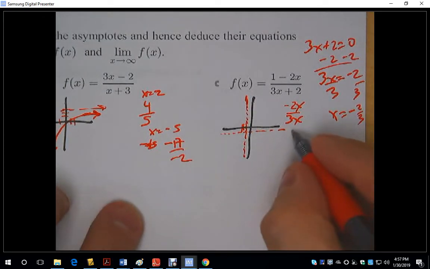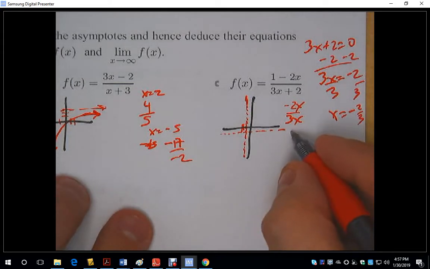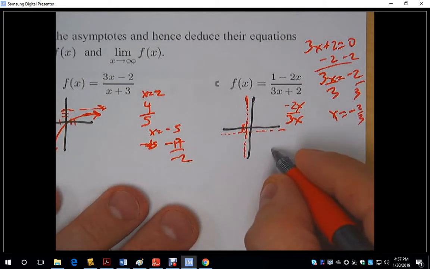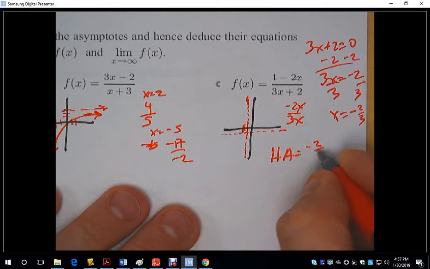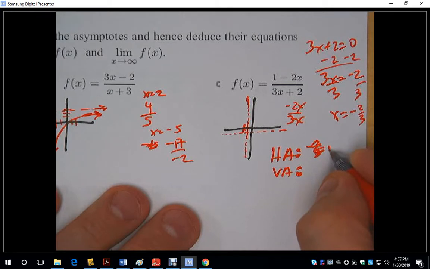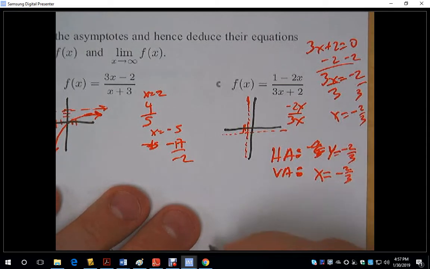So my horizontal asymptote is y equals -2/3, and my vertical asymptote is x equals, what did I figure out? It's -2/3, so it's the same.